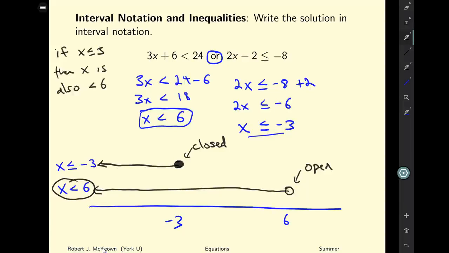And so x is in the set negative infinity to 6, with a round bracket to represent that x cannot take on the value of 6. It's an open set. It can't take on the value 6.